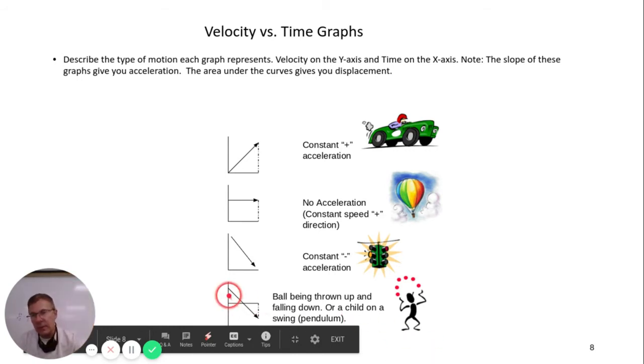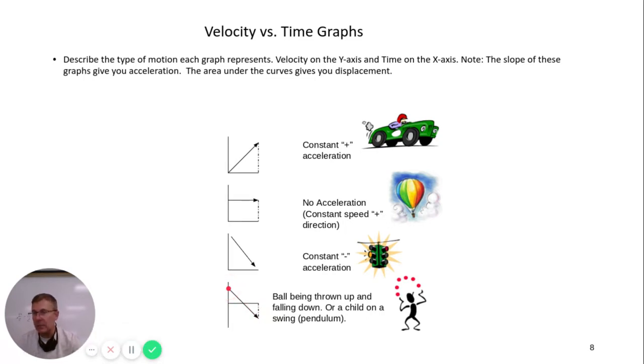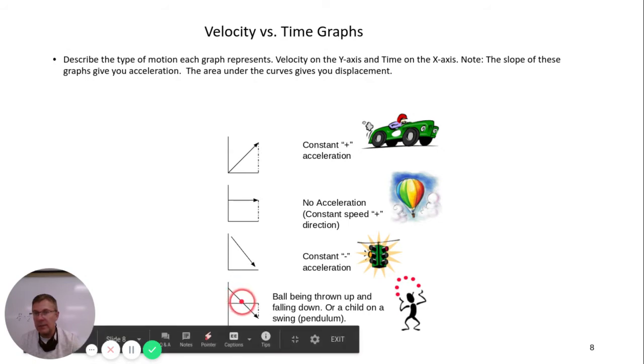So this graph shows exactly that. Right here, it's going away from you at its maximum speed. Here, it's at the top, it's stopped. And then here, it's coming towards you with the same acceleration that it was decelerating at. And this is where you'd catch it.